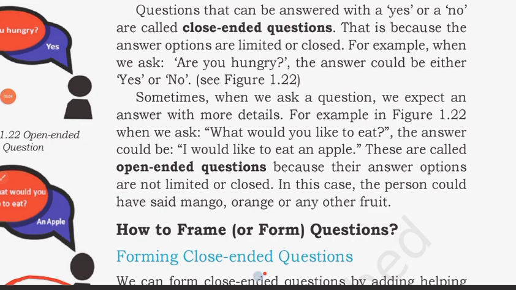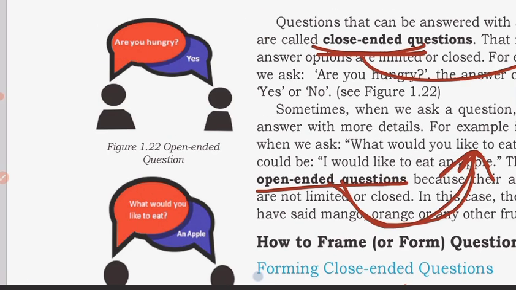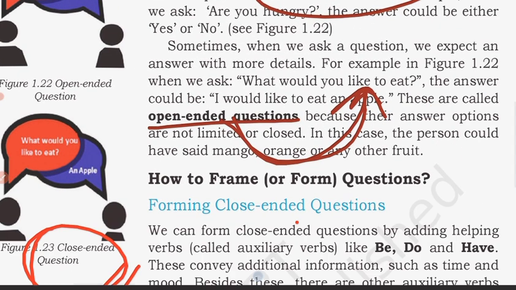Hashtag correction. See here, have a look. Close-ended questions are basically when you give the answer in the form of yes, no. Open-ended is when the question is like a WH family word. If I have told just the opposite, reversed it, please make sure that this is actually what I mean, because in the diagram it is somewhat different and the explanation is somewhat different.